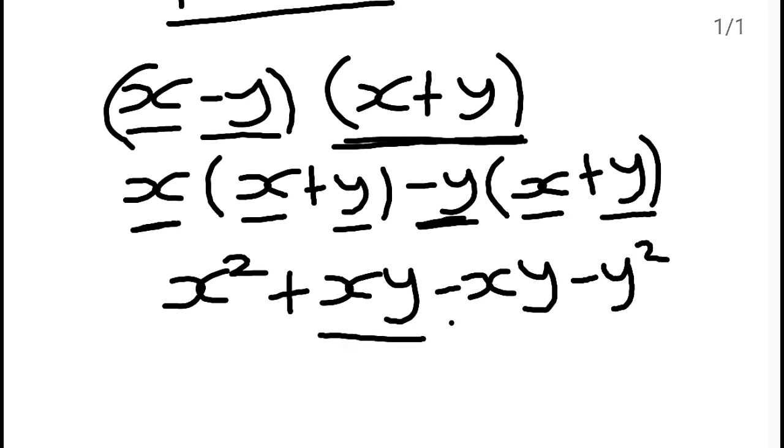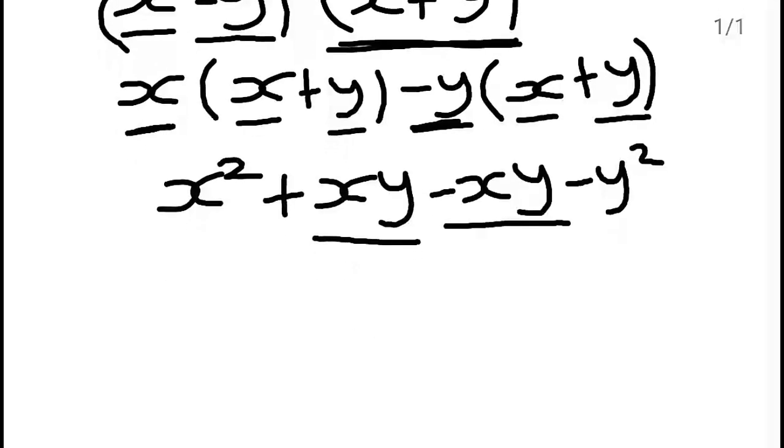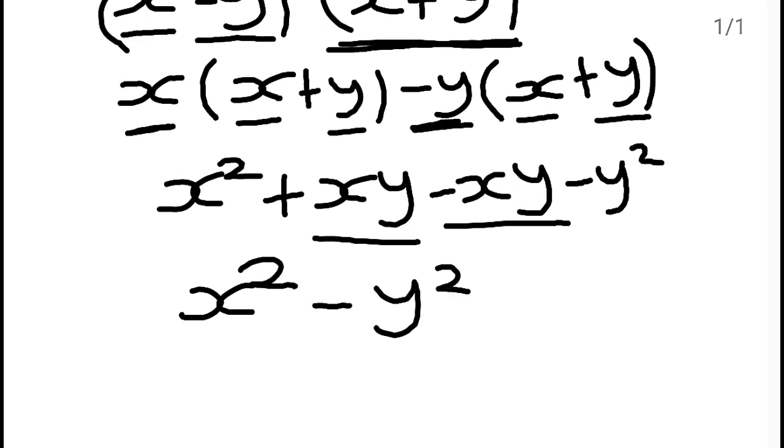But remember that positive xy minus xy is the same as 0, so we shall end up having x squared minus y squared. That means that x minus y multiplied by x plus y is equal to x squared minus y squared.